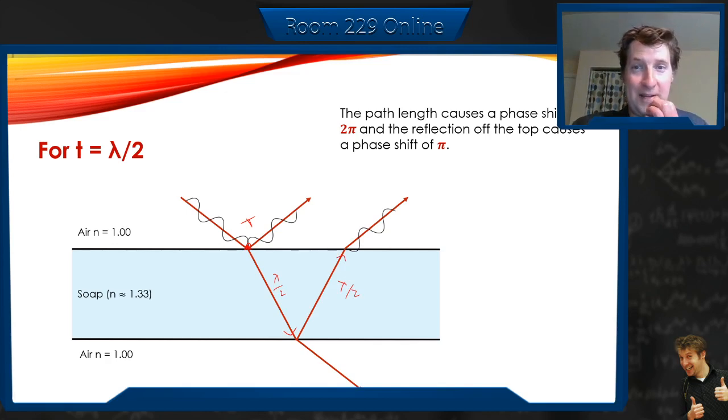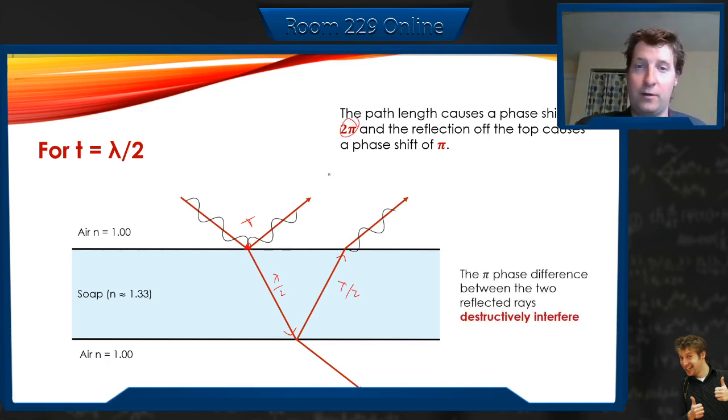So that's a full lambda. So that's a full shift of a wavelength over. That's a full shift of 2 pi. So in the end, the two are going to be out of phase by pi radians, or 180 degrees, and they're going to destructively interfere.